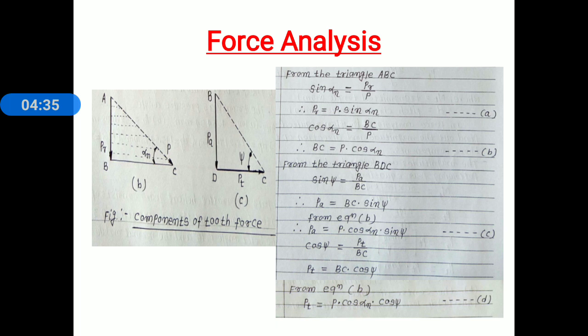Again we substitute the value of BC from equation B and we get the tangential component PT is equal to P cos alpha suffix n into cos psi. Consider equation D. These four equations are very important.